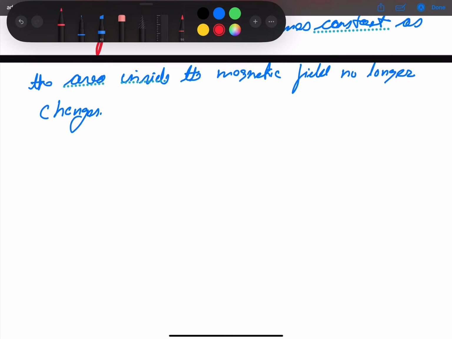So therefore, we can say the induced EMF will be 0, the induced current will also be 0, the force will also be 0, and the velocity is going to remain constant.